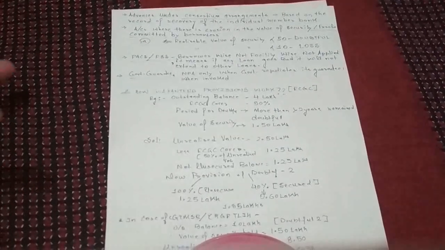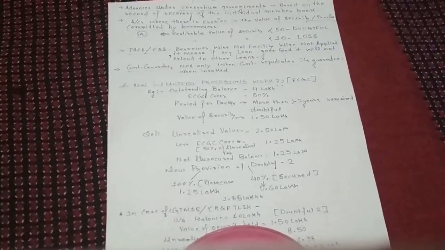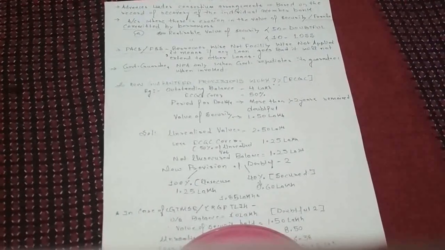Now, how can one say that the consortium loan becomes a non-performing asset? It could be said by seeing the record of recovery of the individual member banks, and individual member banks will decide whether this person has become NPA or not. If one assigns, I think everyone will assign the NPA.